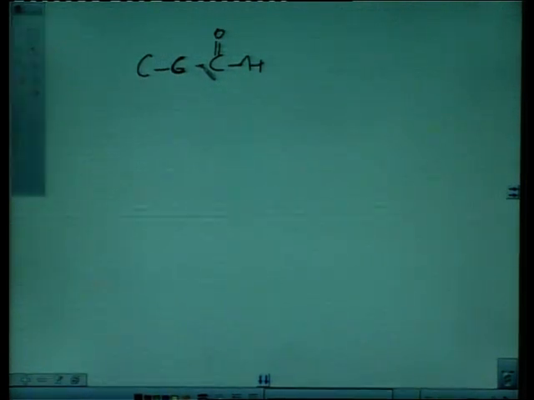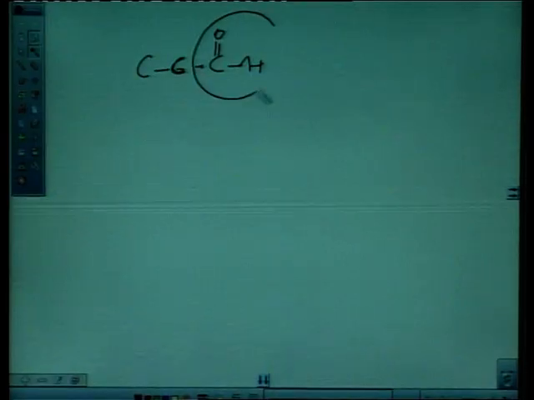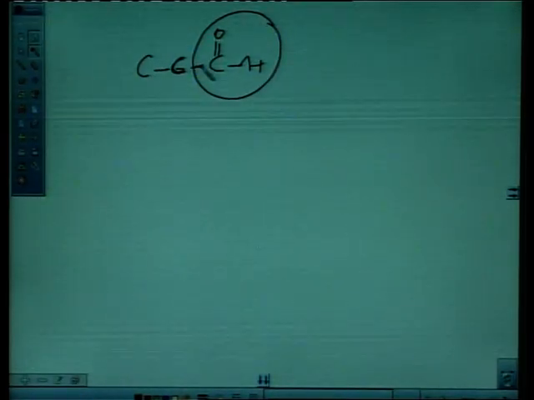Here the functional group is aldehyde. This is the aldehyde group.